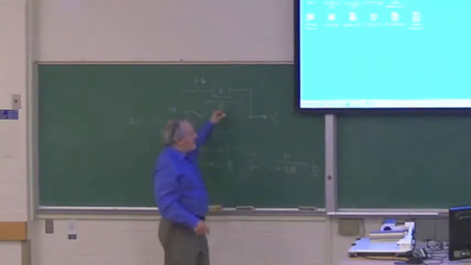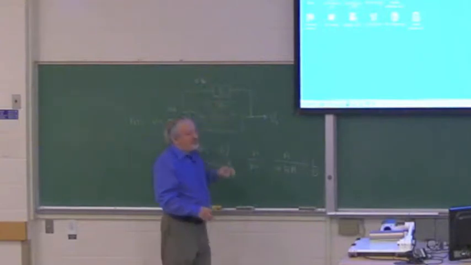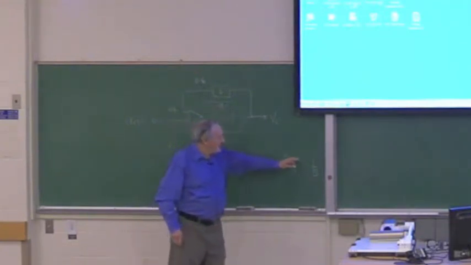So if the plant changes, something changes, doesn't matter. The only thing that matters is this element, which is a sampling element, which takes a feedback, okay? And at large gain, it's 1 over B.